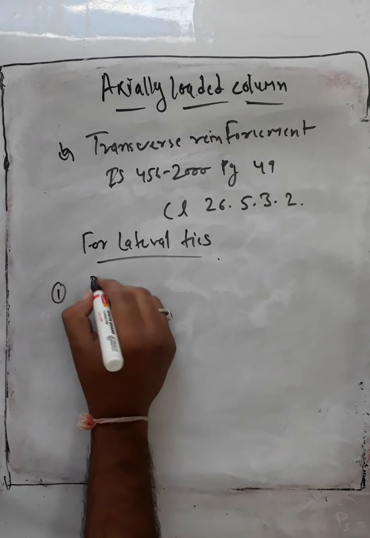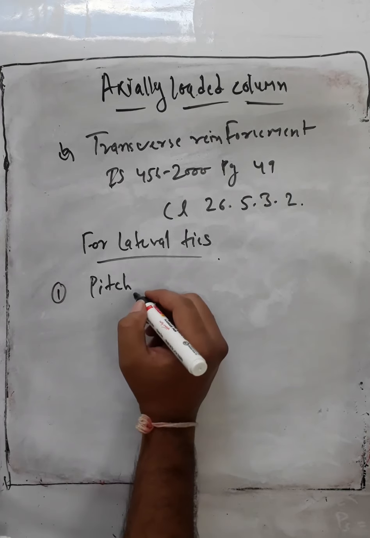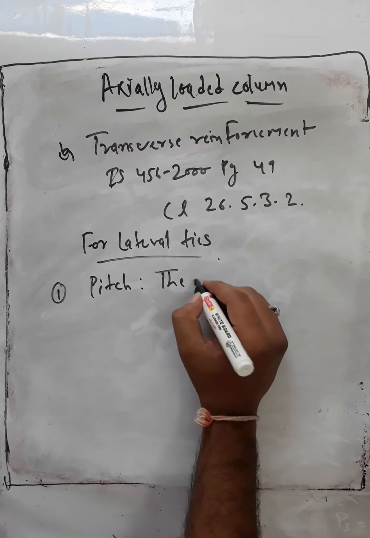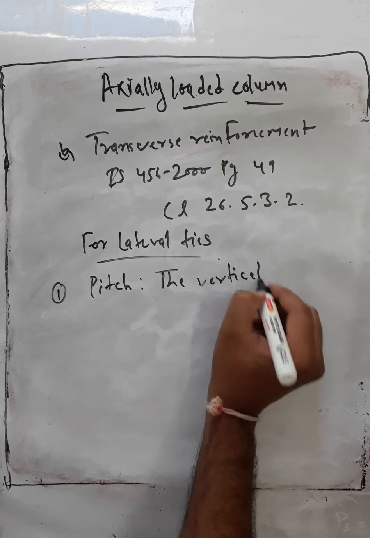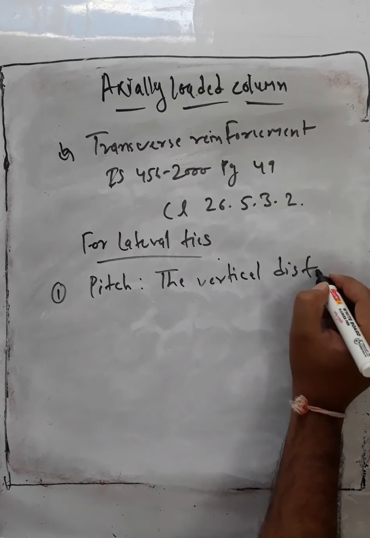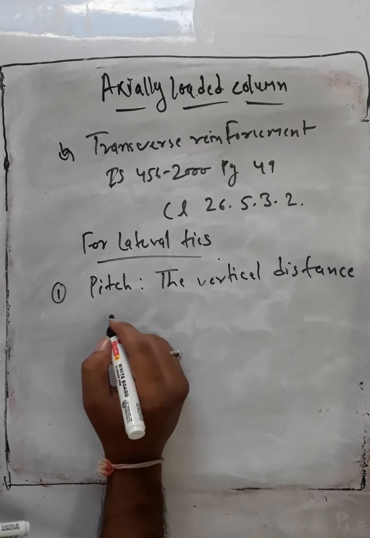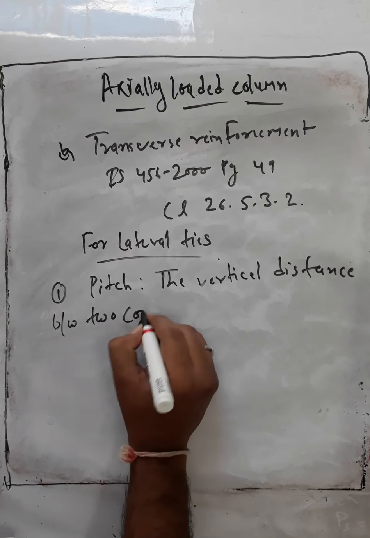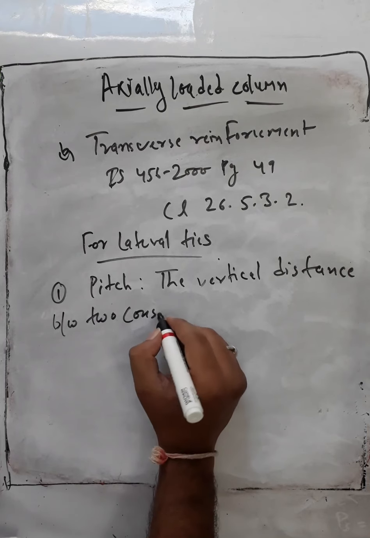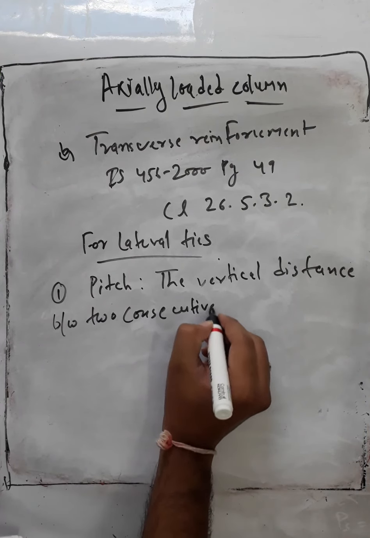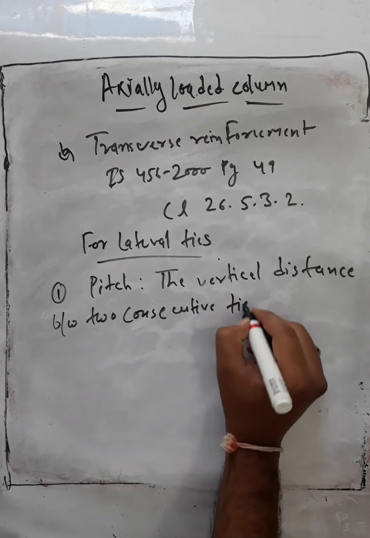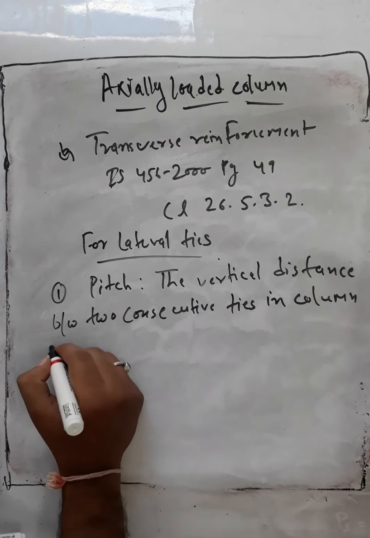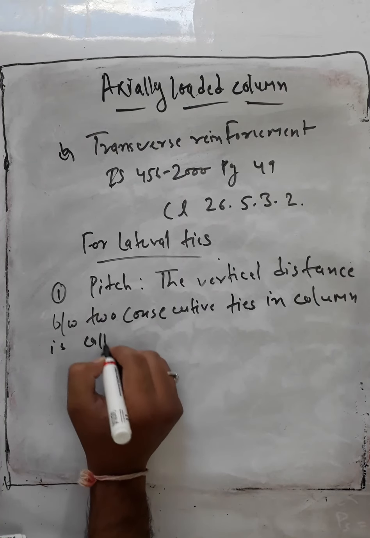In this, first we take the pitch. First we write the definition. The vertical distance between two consecutive ties in column is called pitch.